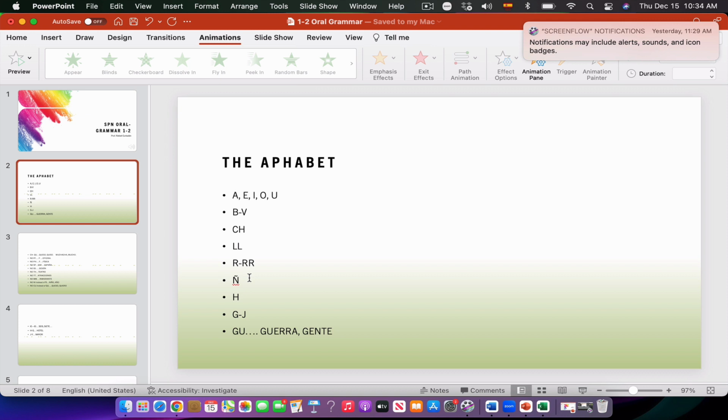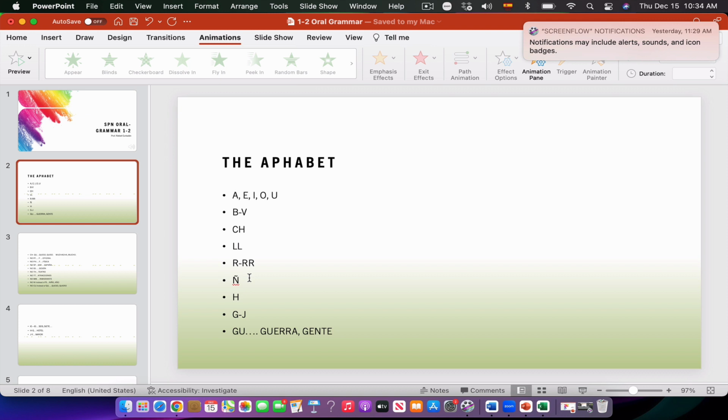Okay. Then the G and the J, sometimes the sound is very similar. For example, at the beginning, you can have gente, or you can have jinete, or words like that, and you will see that it's not really different.